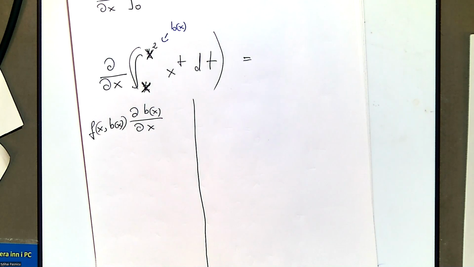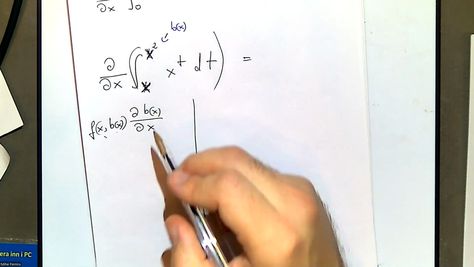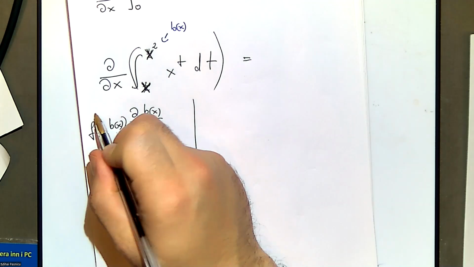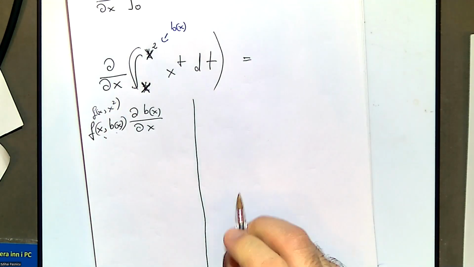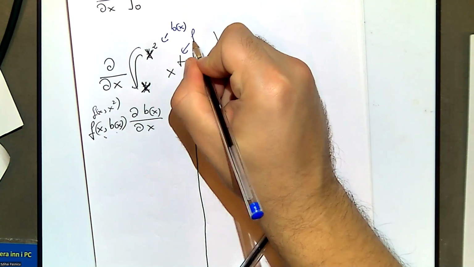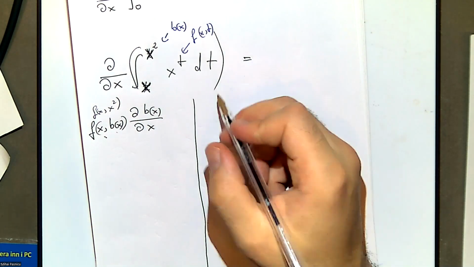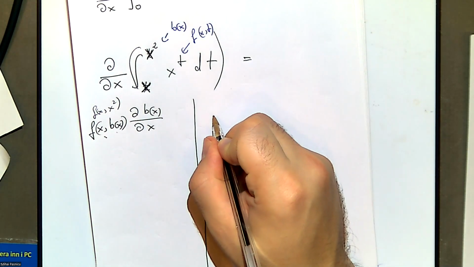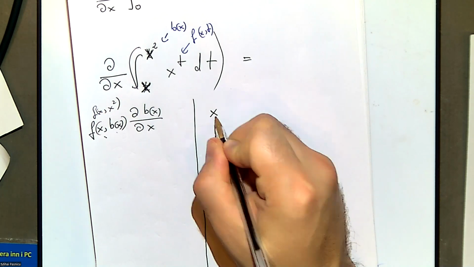So now when I write it, f of x, b of x is just f of x, in my case, x squared, x to the power of t. It looks kind of ugly, but we're never going to solve it, so don't stress about it.